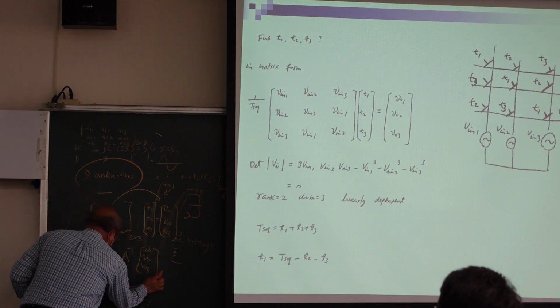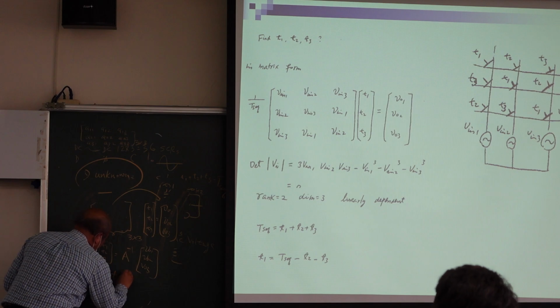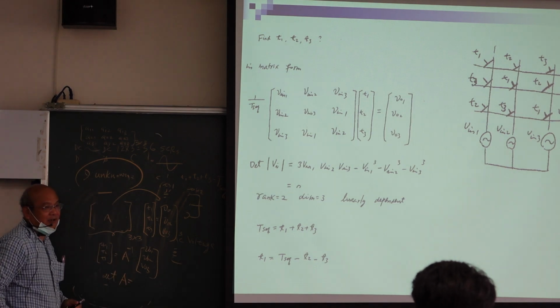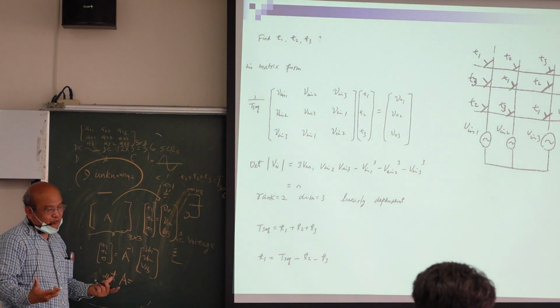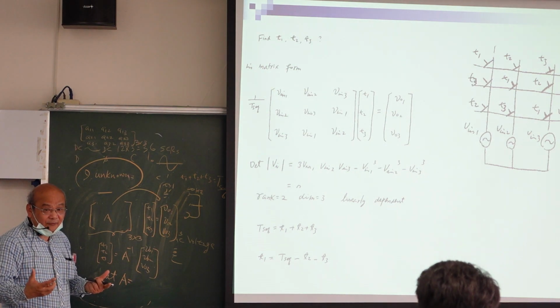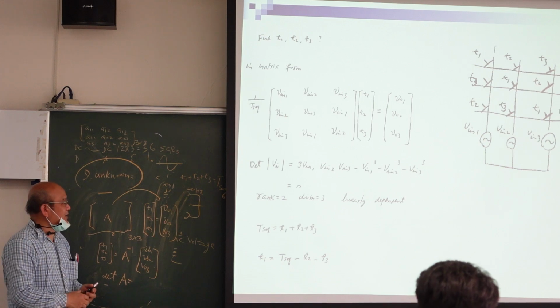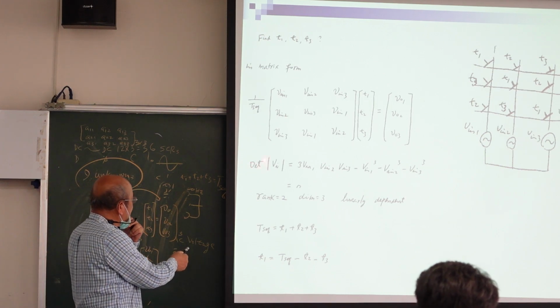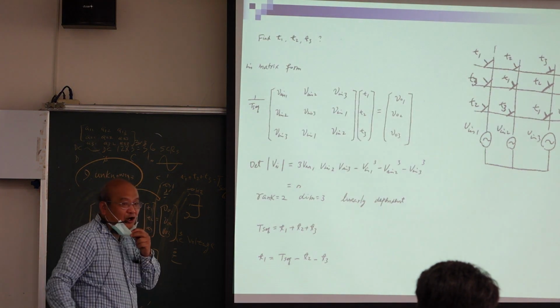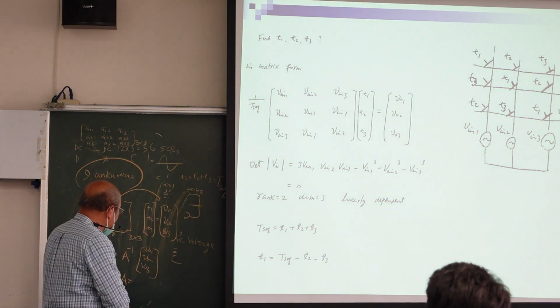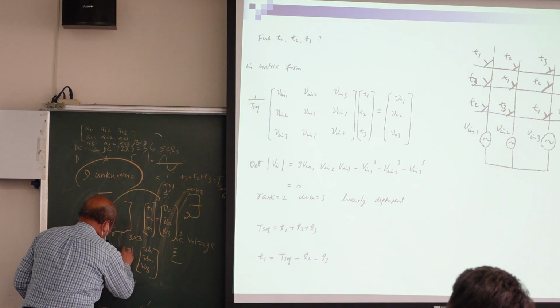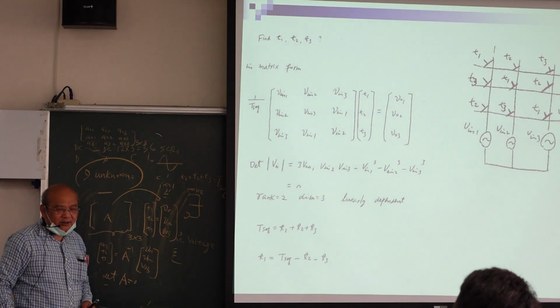first you have to determine the A, right? If you want to find the inverse, first you have to determine the A. So he determines the A, and it becomes 0. If the determinant of A is 0, then what is its inverse?